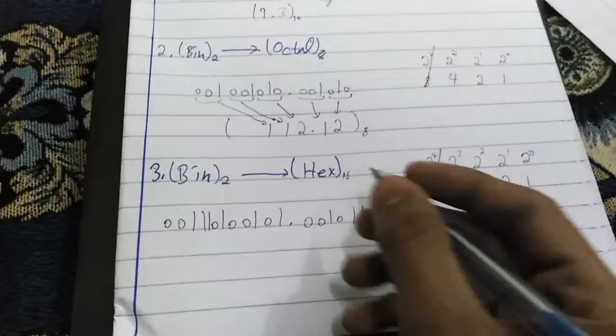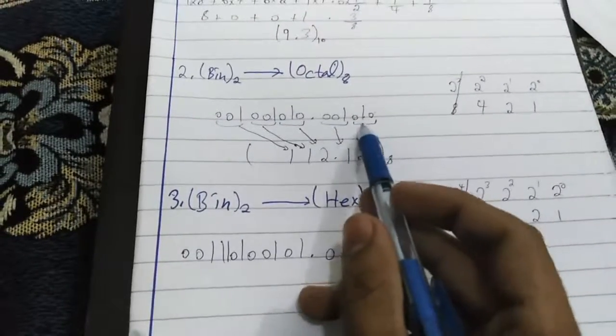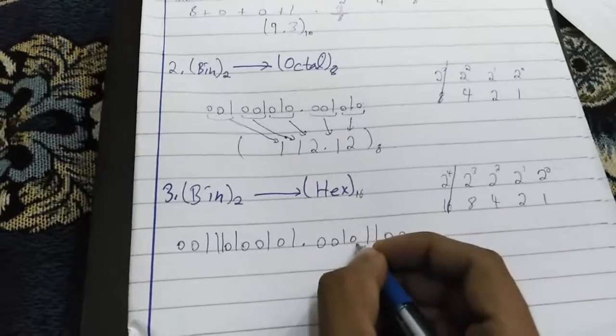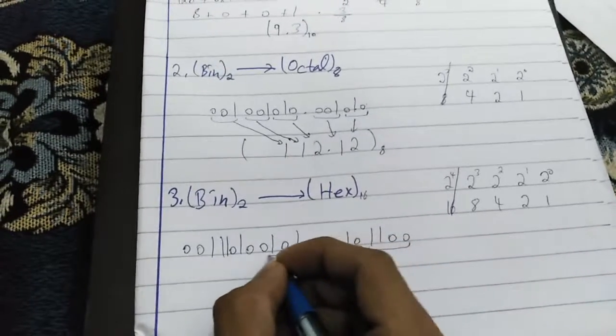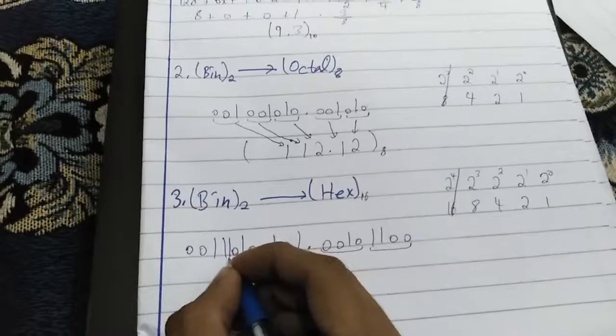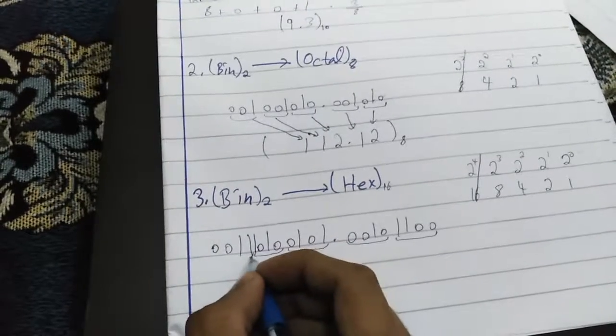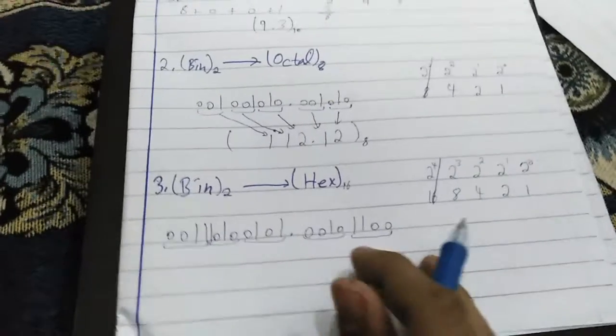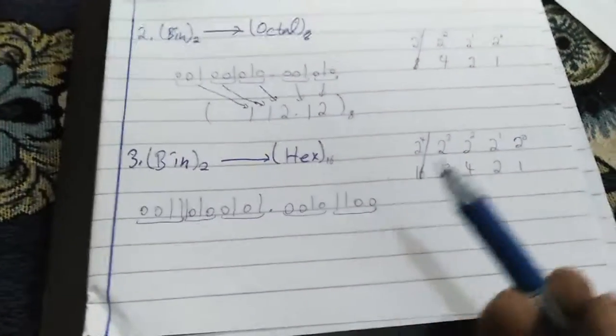We have to take groups like we took 3 above; here we take groups of 4 each. 4, 4, 4 and last 4. 1 2 3 4 5. Here are also 5 groups like the upper question.